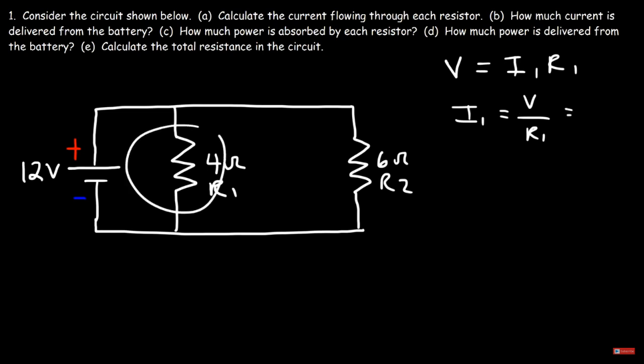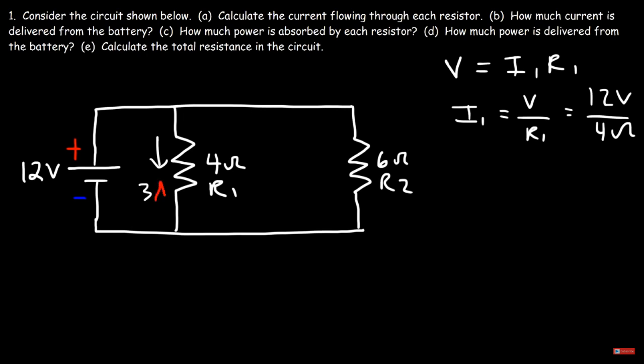We have 12 volts across this resistor divided by 4 ohms, that's going to give us a current of 3 amps flowing through that resistor. So that's I1. Now to calculate I2, it's going to be the voltage of the battery divided by R2, which is 6 ohms. So the current flowing through this resistor is 2 amps. 12 divided by 6 is 2.